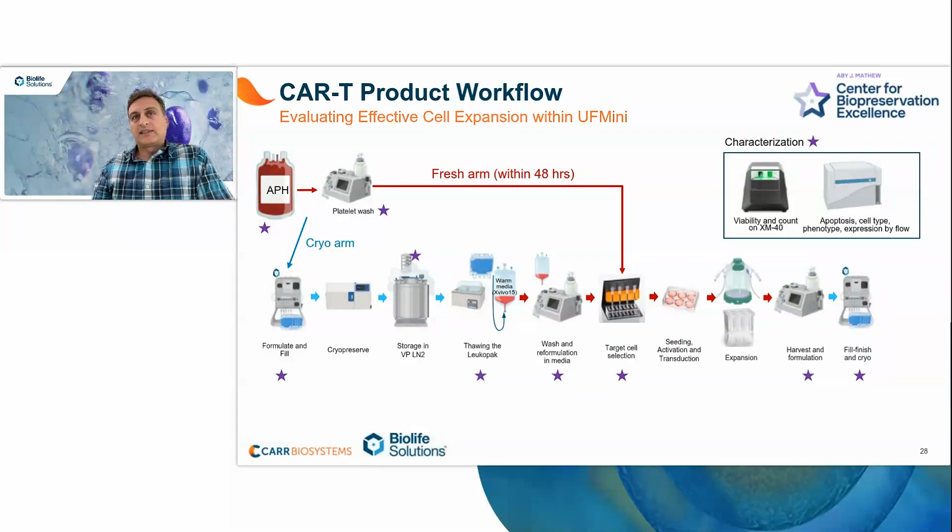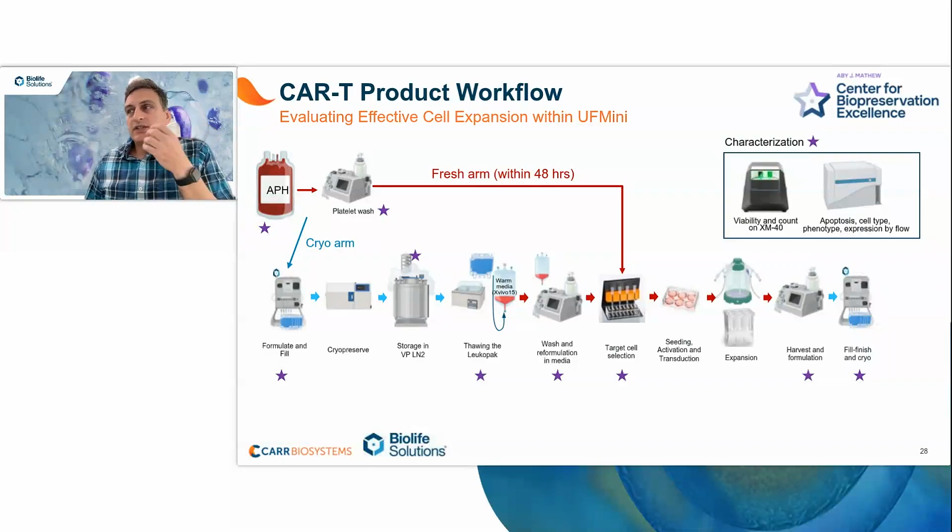At that point, the selected cells were then seeded for activation and transduction into 6-well plates. By the end of day 3, we transferred those transduced cells into the expansion platform in G-Rex format.